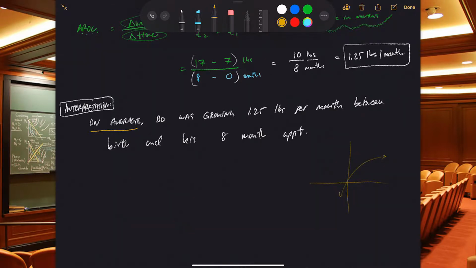So between 0 and 8 months, that's a pretty big gap, and we just measured this value here. So we missed how quick the growth was here, right? So anyway, the reason that we have to say on average is because we're between 2 points. So we're missing some data.